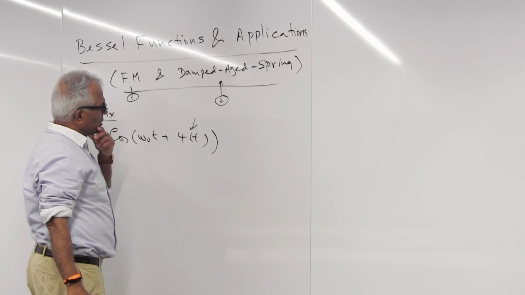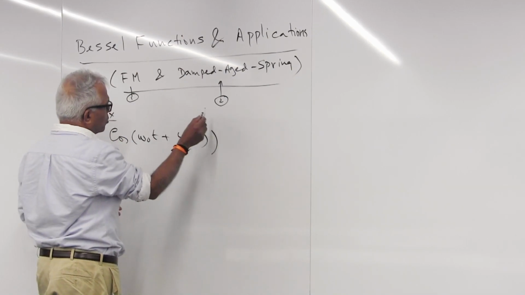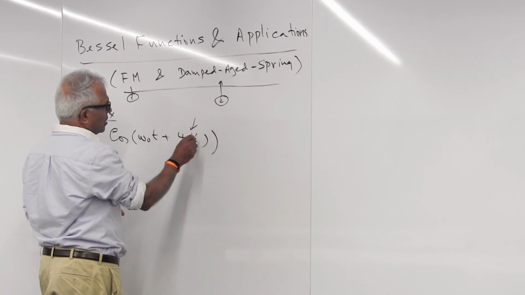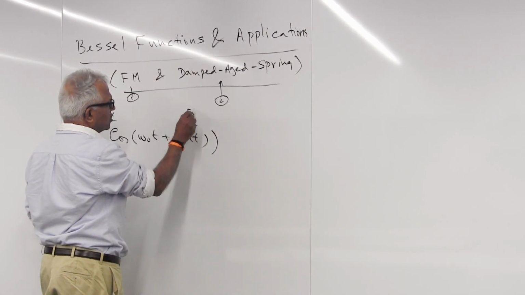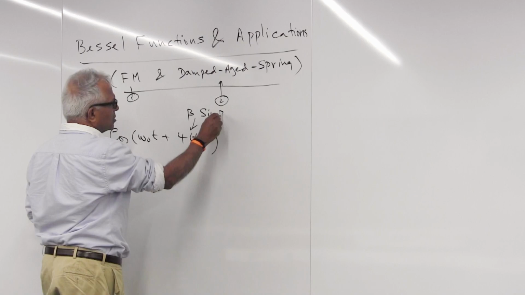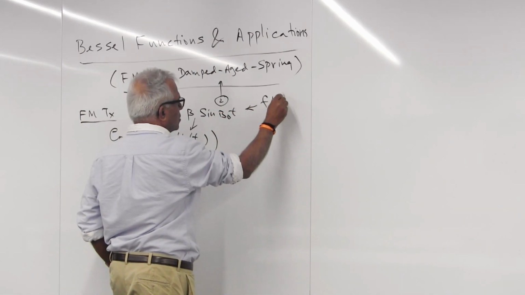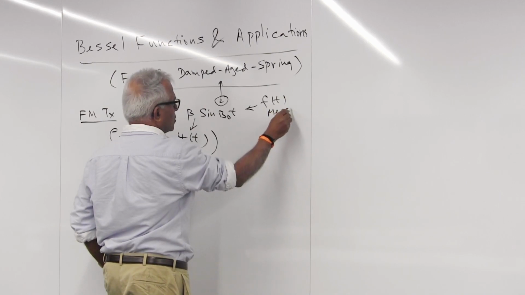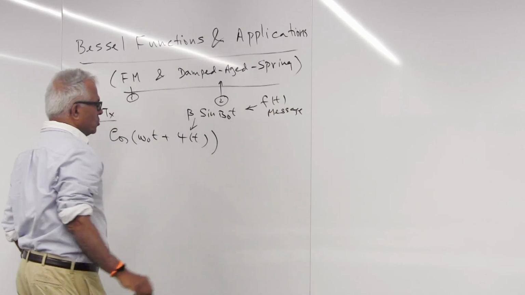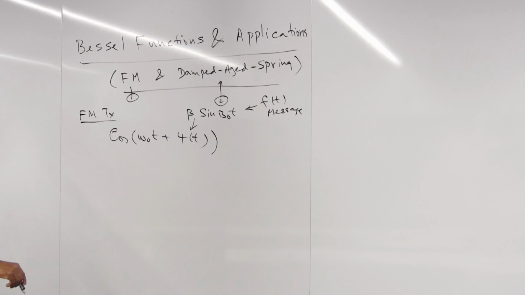In any case, to get an idea about the bandwidth, consider one single component as the message, f(t). So this is phase modulation, or generally frequency modulation.